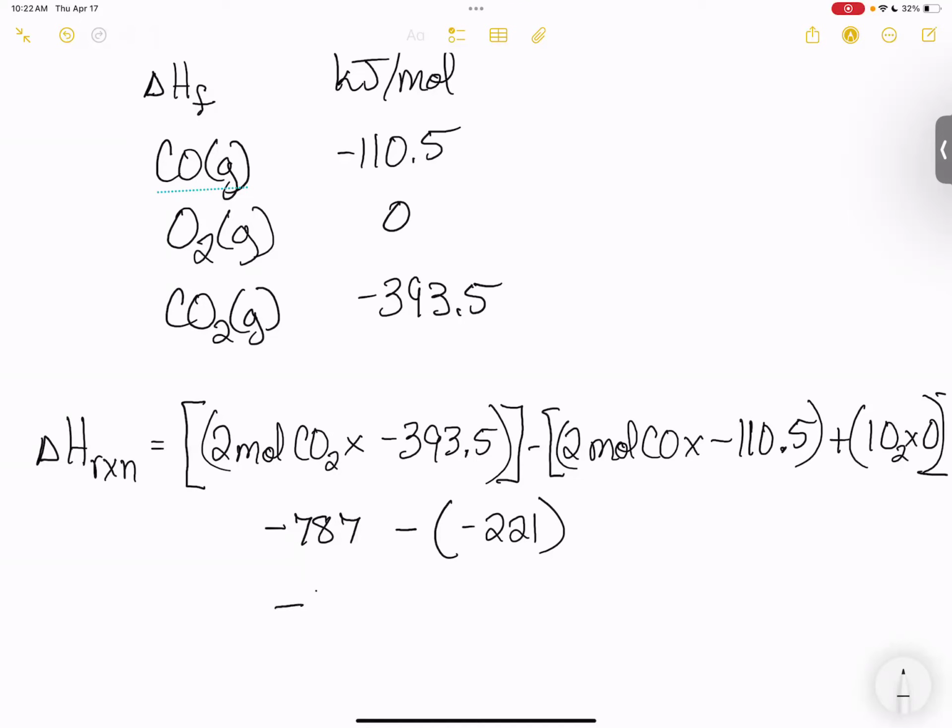Therefore, the answer is negative 566 kilojoules. You will be given your delta H of formation in a table. You just have to plug it into the equation.